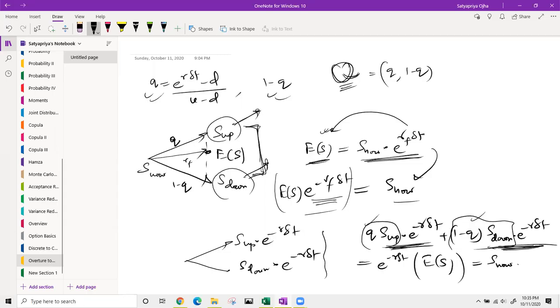Average stock price grows at risk-free rate. Discounted stock price will not grow at all. The average value of the discounted stock price will be equal to the previous value, as if there is no growth. Do you need more explanation?